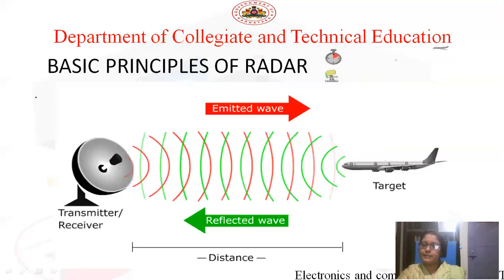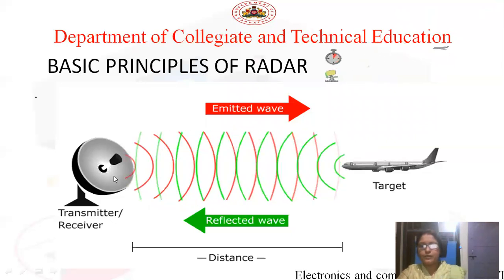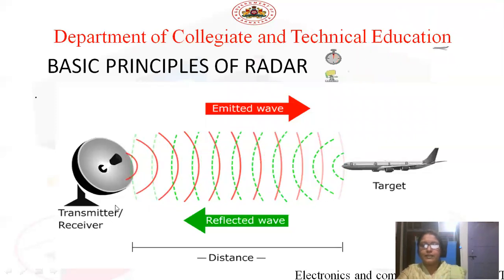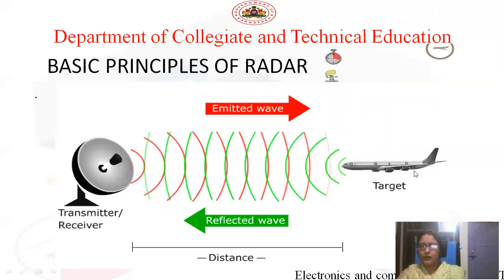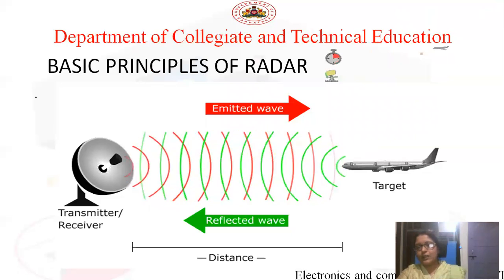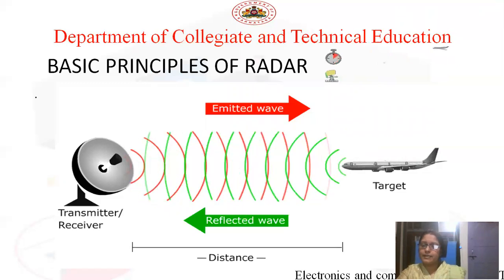Those echo signals are received at the station and processed to find the information about the target, that is the presence of the target, the distance or location of the target, and also the velocity of the target, and to identify whether it is a moving or stationary target.